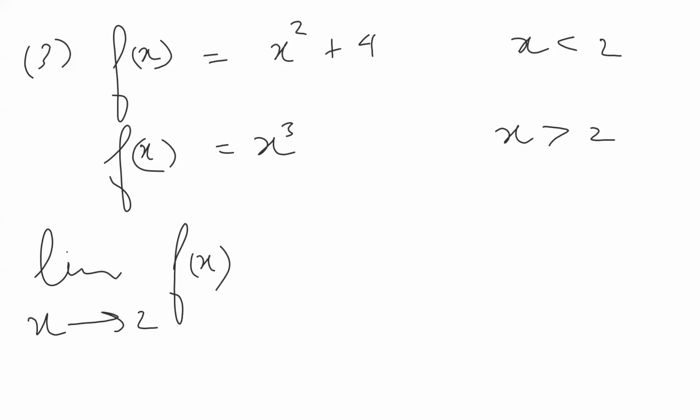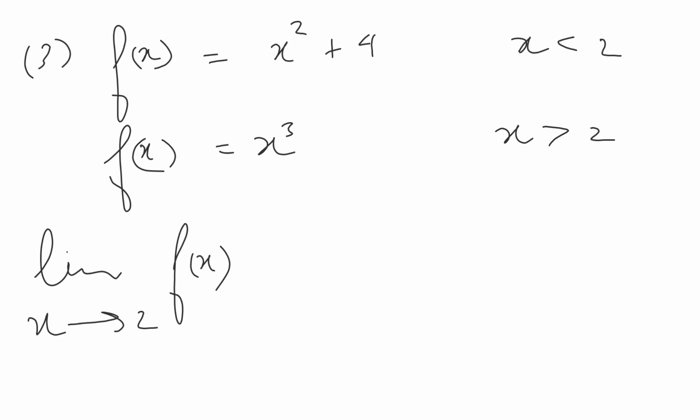Now here the function is having a critical point at 2. So when I say greater than 2, it means it can be a bigger value like 2.5, 3, 4, 5, or it can be a value very near to 2, that is 2.00000001, which is technically greater than 2 but approximately equal to 2.